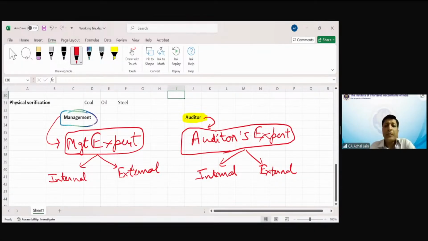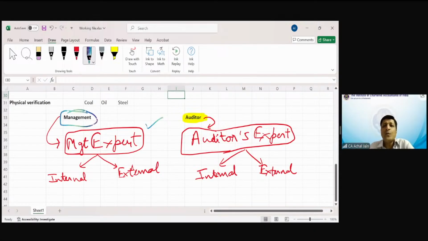The important aspect is to understand that when the auditor is not competent enough, and if the auditor simply looks at the report of the management expert, will that be considered good enough? The answer is no. If the auditor starts questioning the management expert, will he be able to do that in an appropriate manner? Again, no. Why? Because that's not his competence.